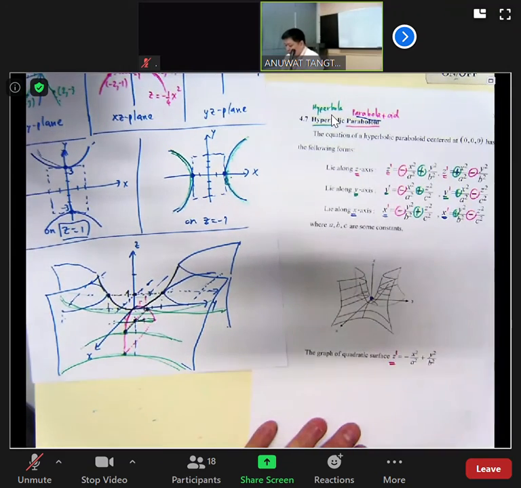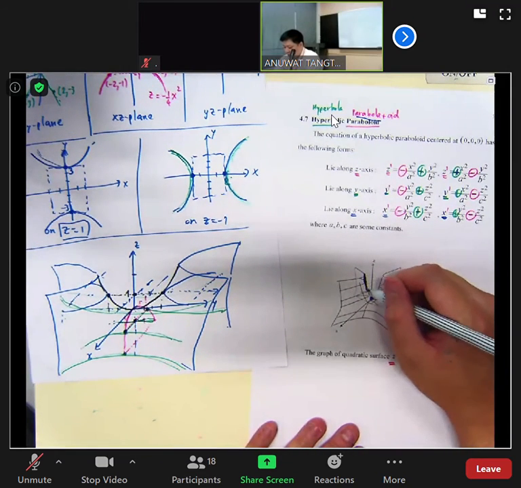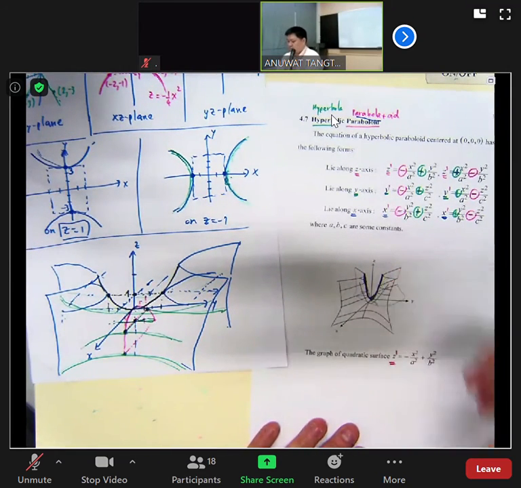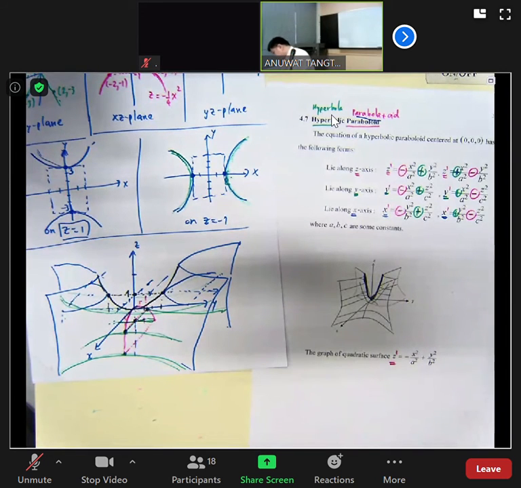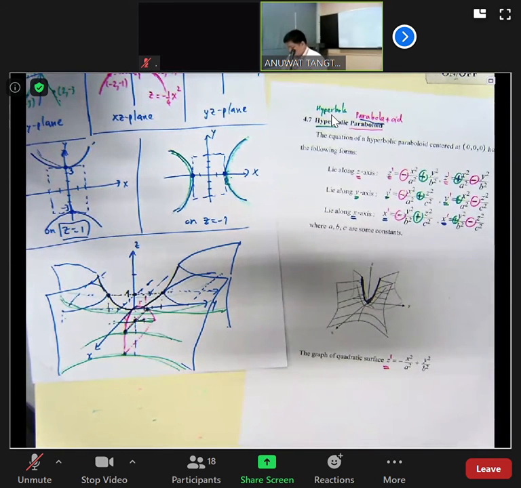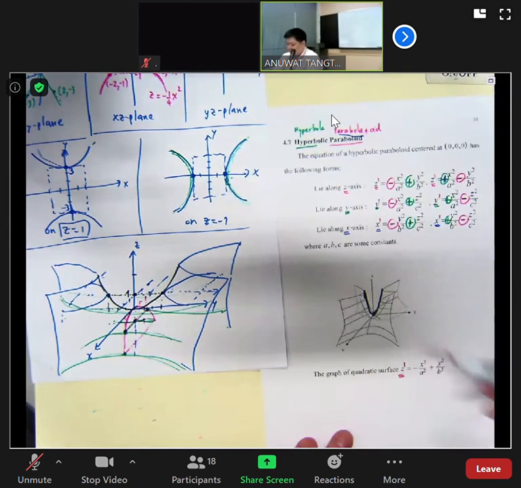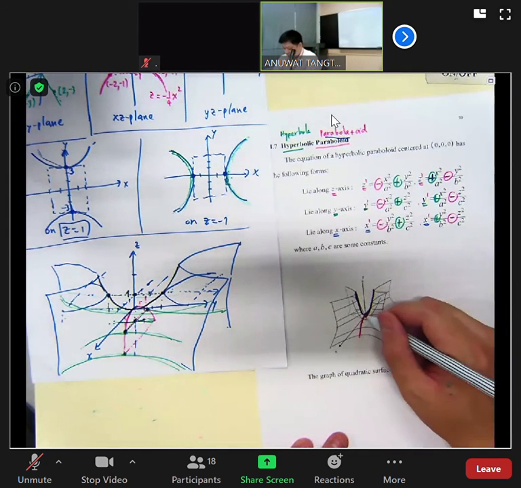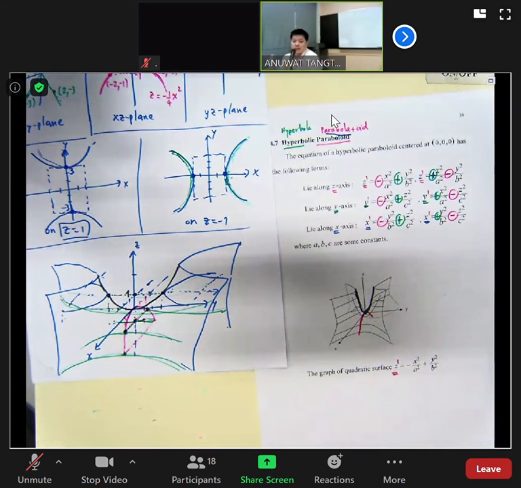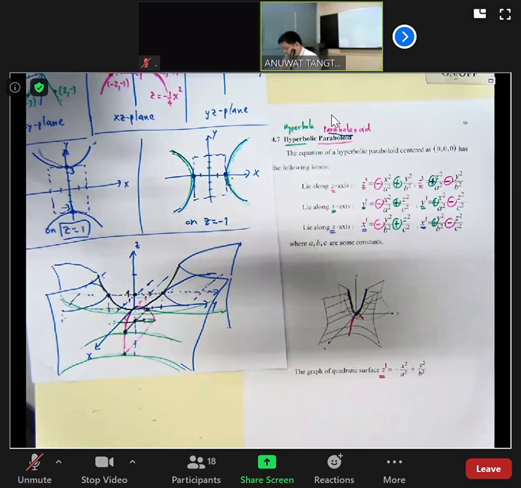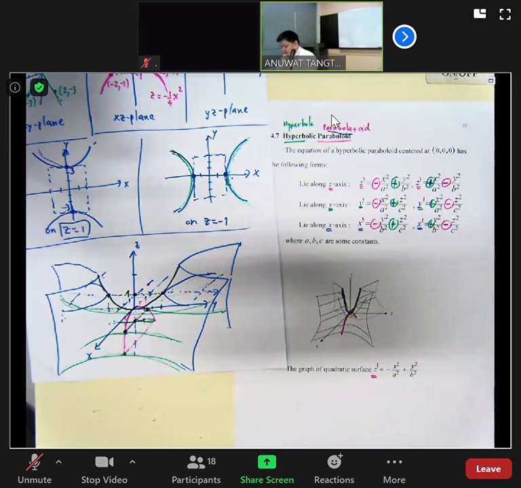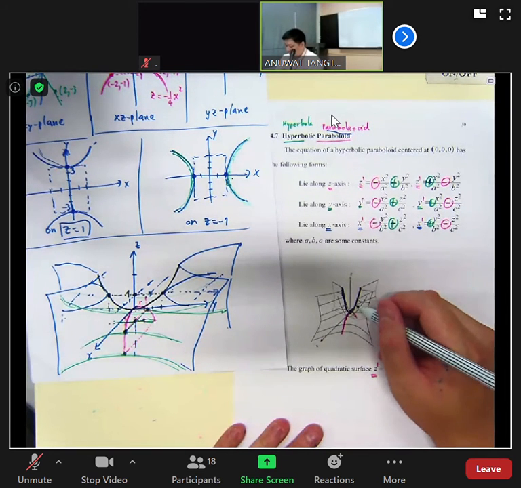Here, on the yz plane, the black one is this one. The red one would be this. And the blue one, this is the blue hyperbola that I have tried.